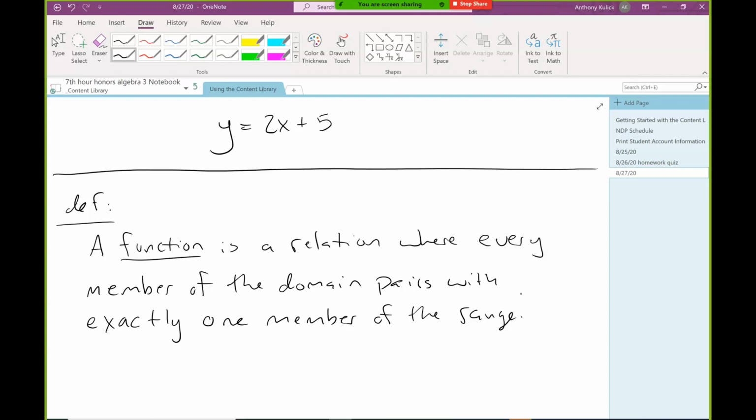So if I want to determine if something is a function, there's three things I need to check. First, that it's a relation. It has to be a set of ordered pairs. Second, everything in the domain pairs to something. And then third, that each of those members in the domain only go to one thing.